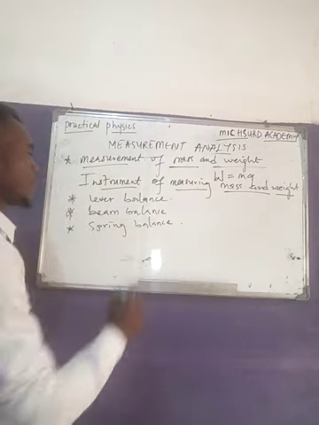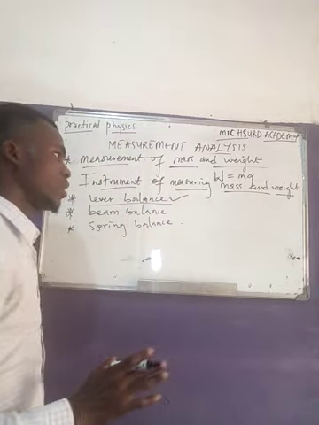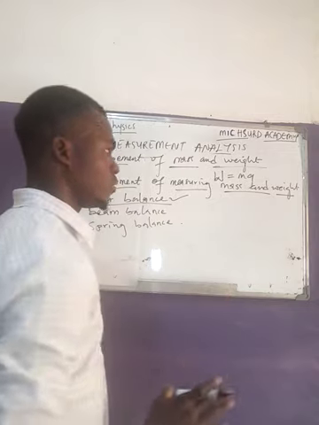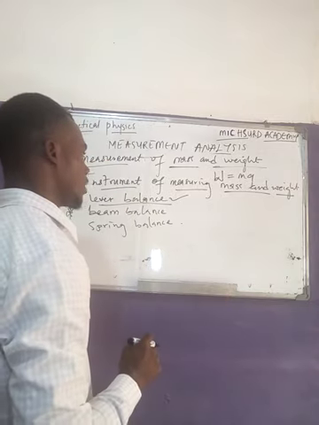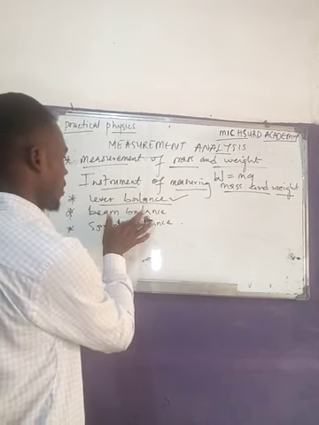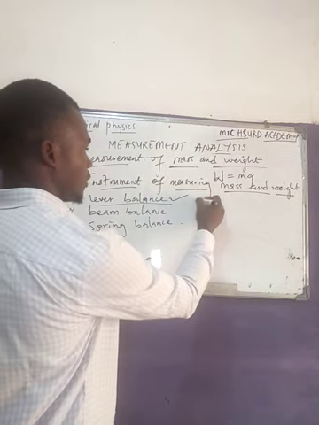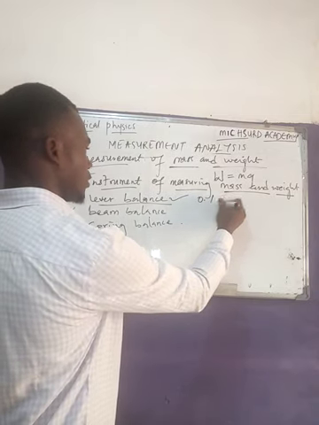The lever balance is a direct way of measuring the weight of an object, and it is quite simple when you compare it with the beam balance. It has a reading accuracy of 0.1 gram.